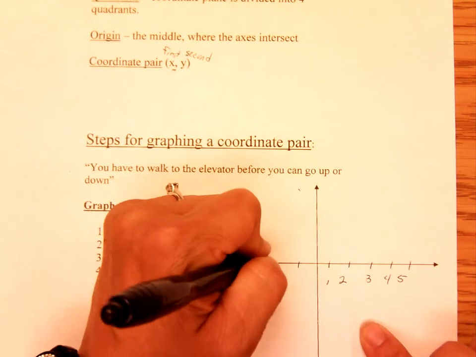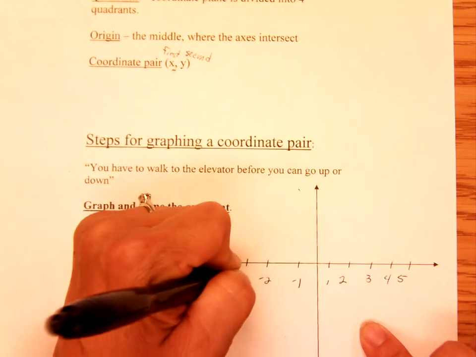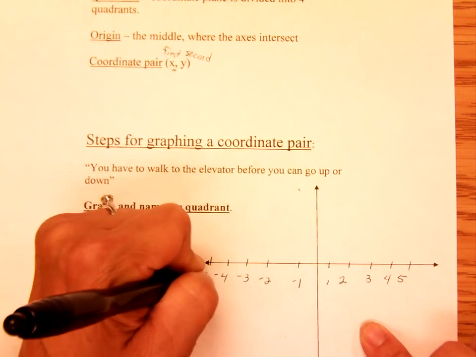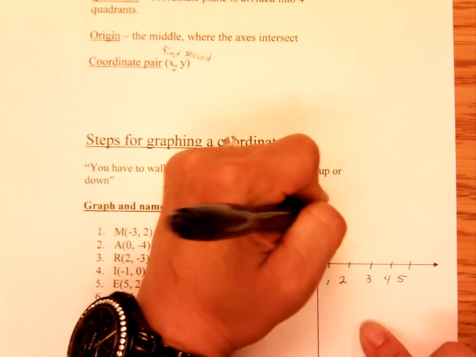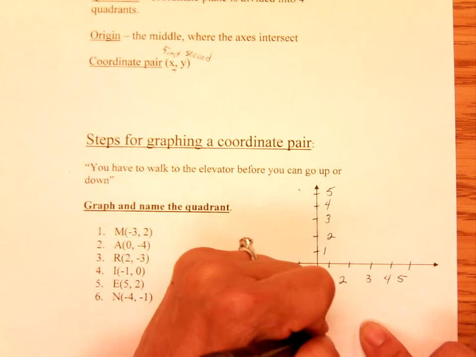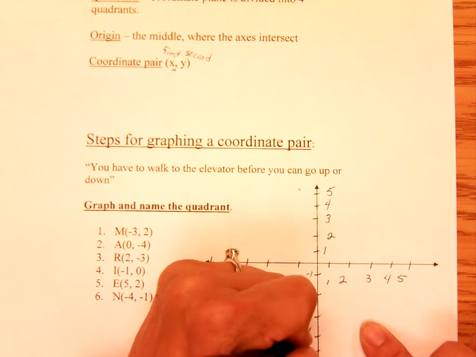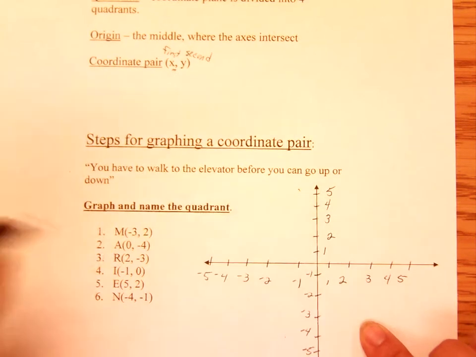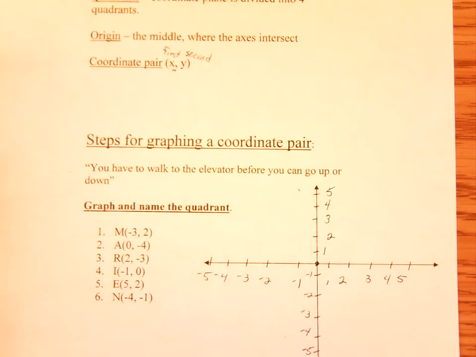This is -1, -2, -3, -4, -5. And this center right here is your 0, or your origin.